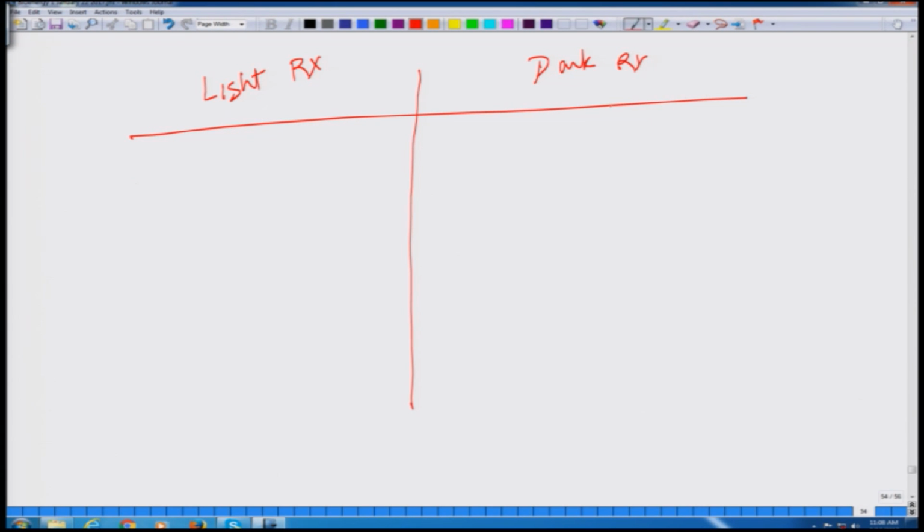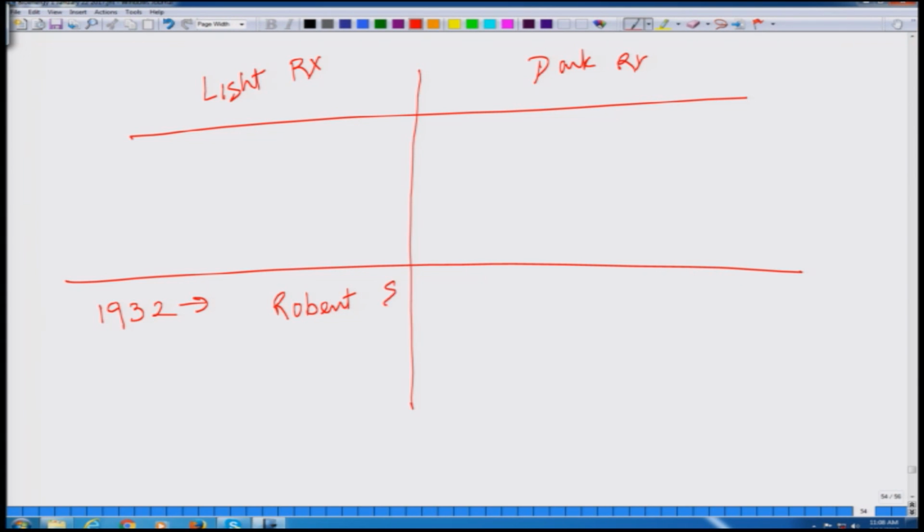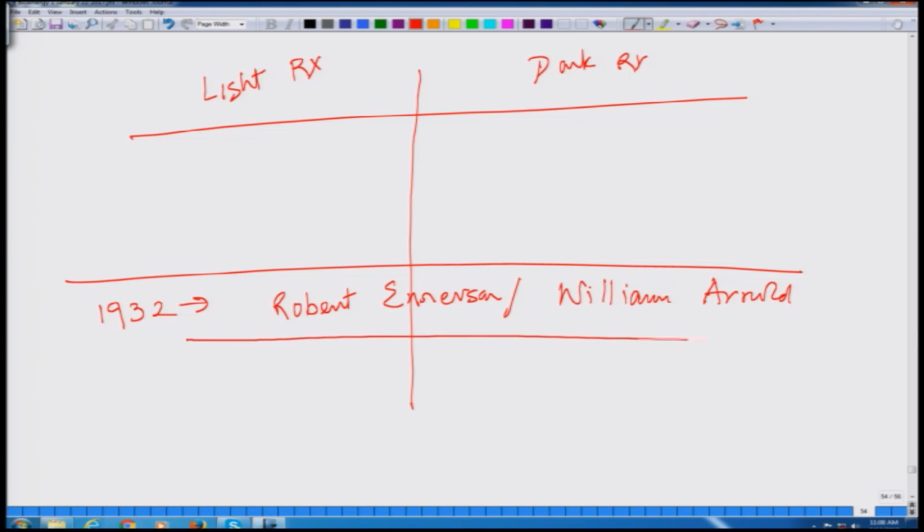But much earlier than that, around 1932, there was an experiment done by Robert Emerson and William Arnold. This experiment was really critical. What they did, as I showed you in the previous slide, was measure oxygen as a function of flash of light.